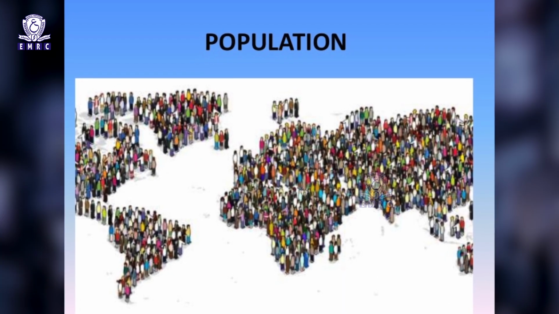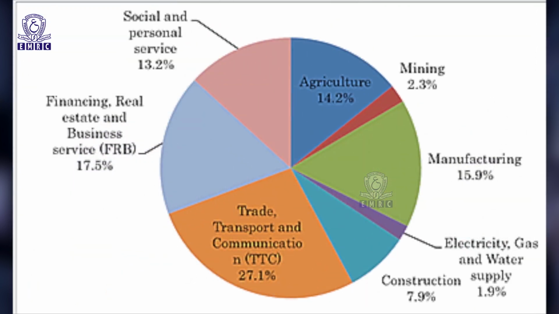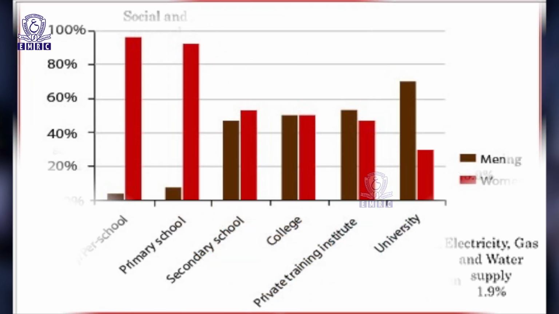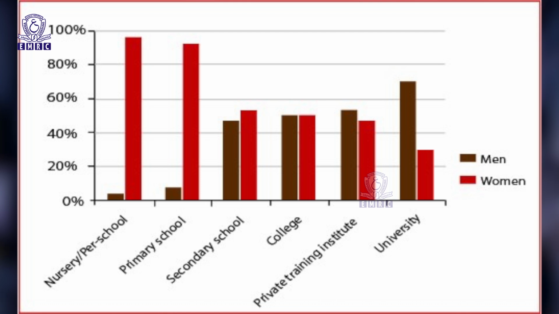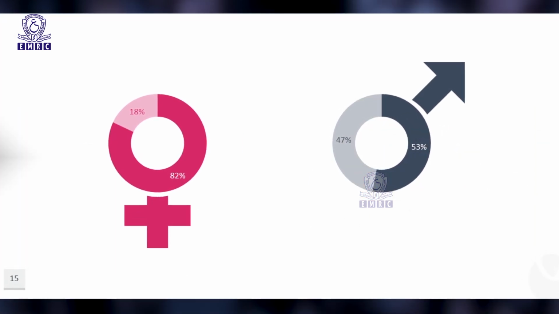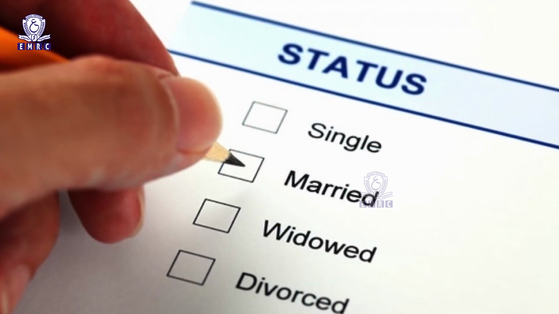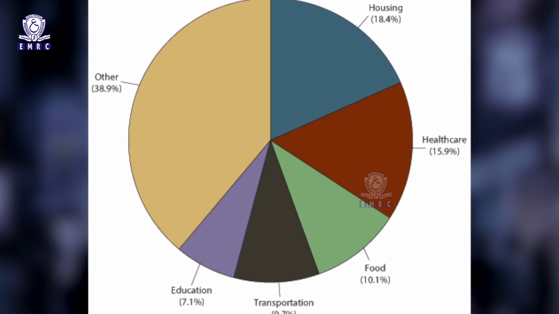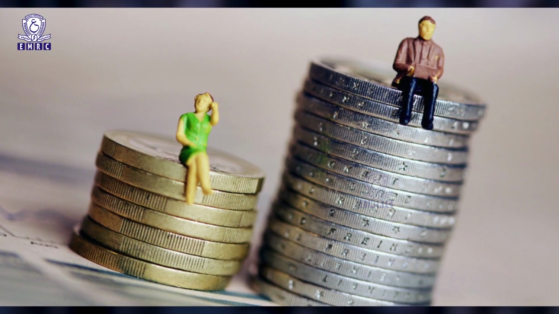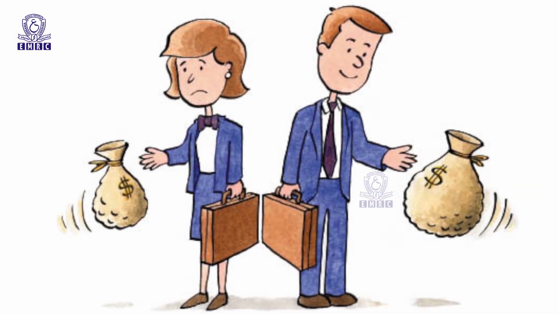Among various elements of population composition, sex composition, age composition and economic composition hold a prime place for population geographers. The separate data for males and females are important for various types of planning and for the analysis of other demographic characteristics such as natality, mortality, migration, marital status, economic characters, etc. The balance between the two sexes affects the social and economic relationship within a community.